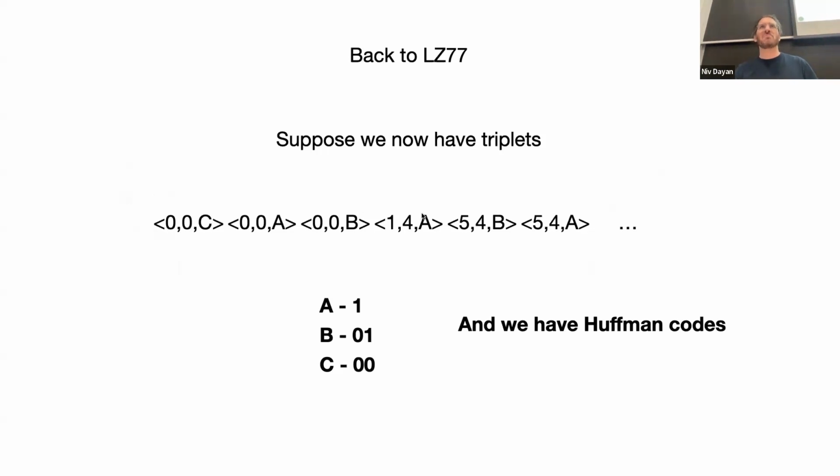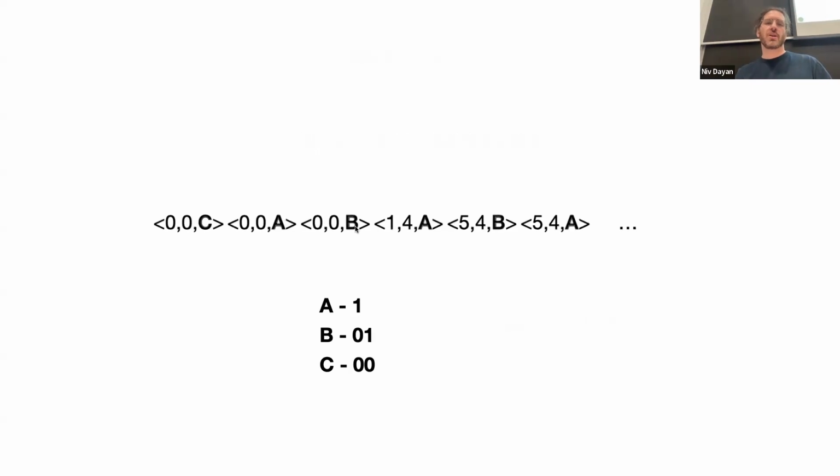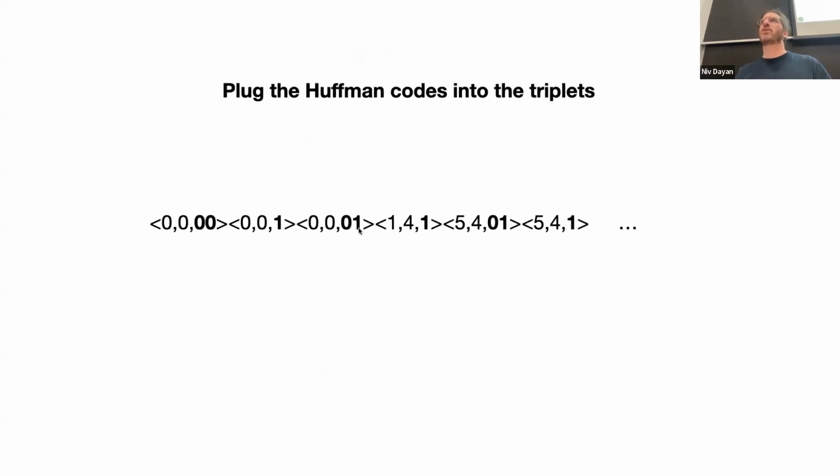I've now done some Huffman encoding of the internal symbols. Maybe I've done that for the characters. Actually, RocksDB uses a library that does separate encoding for the characters, for the lengths, and for the offsets. It will use Huffman encoding separately on each one of them, right? And so this is just Huffman coding for the characters, and I'll then just plug in the codes, and my whole thing is smaller.